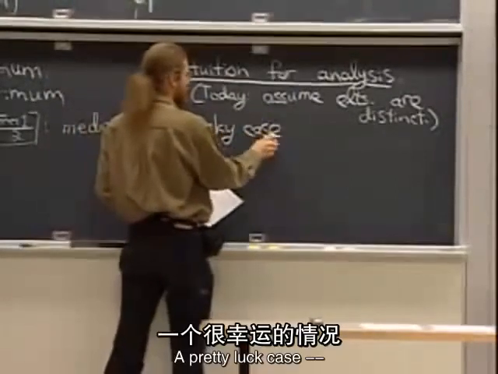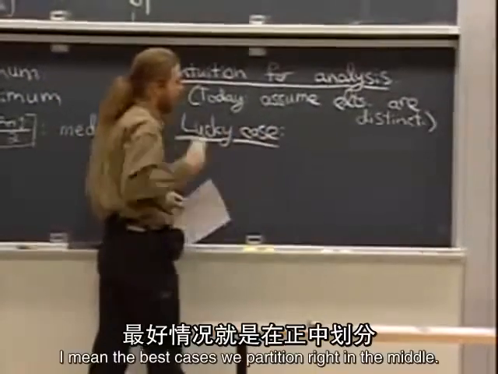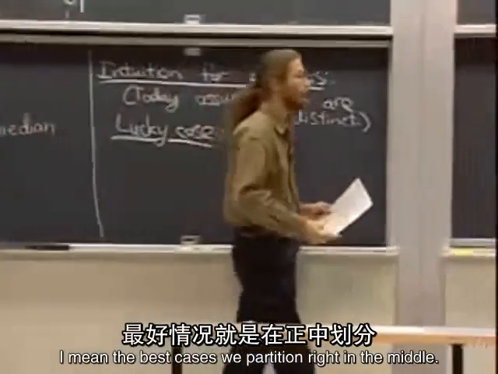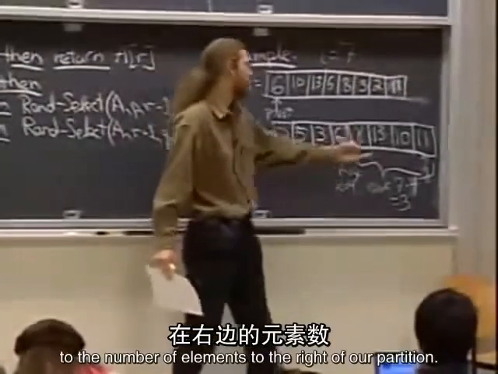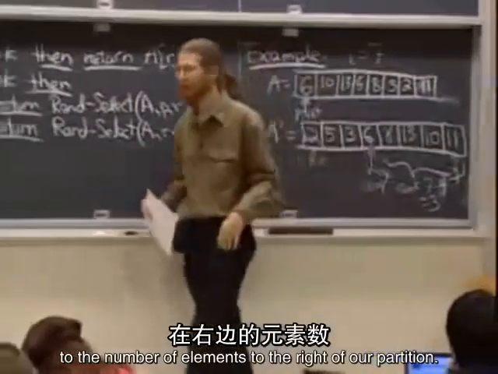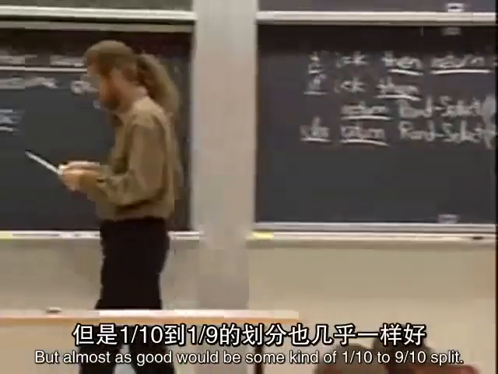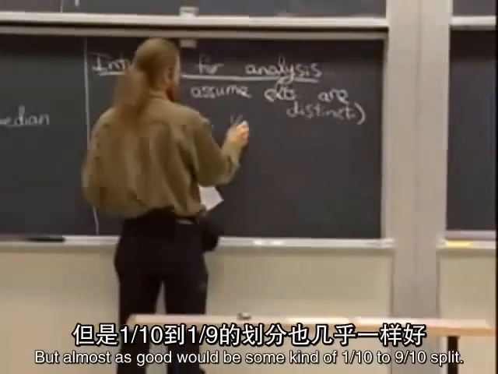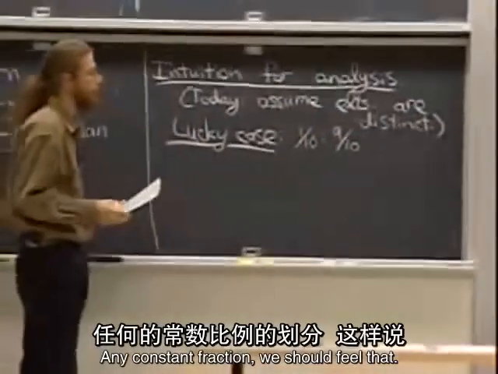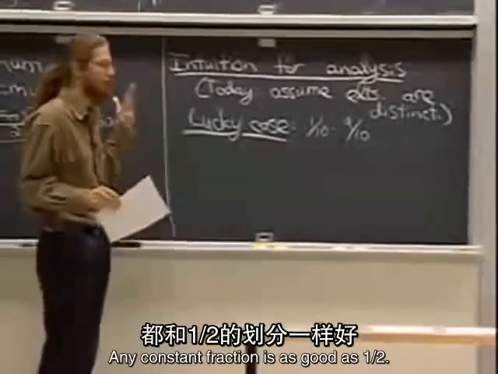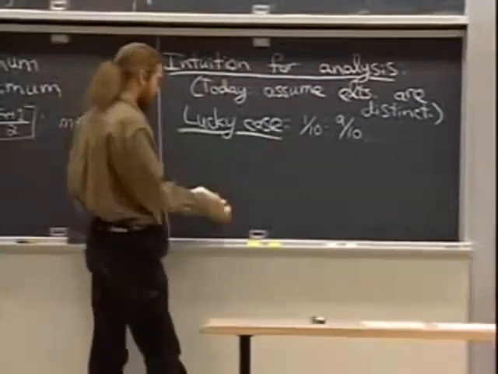So a pretty lucky case is that the best case is we partition right in the middle. The number of elements to the left of our partition is equal to the number of elements on the right of our partition. But almost as good would be some kind of 1/10 to 9/10 split. Any constant fraction is as good as a half.